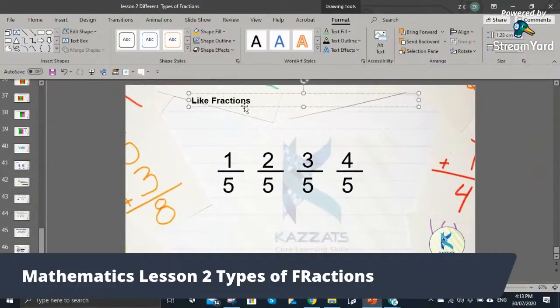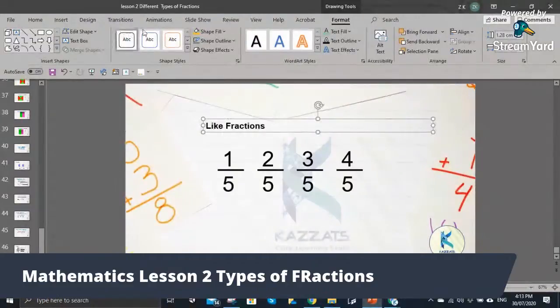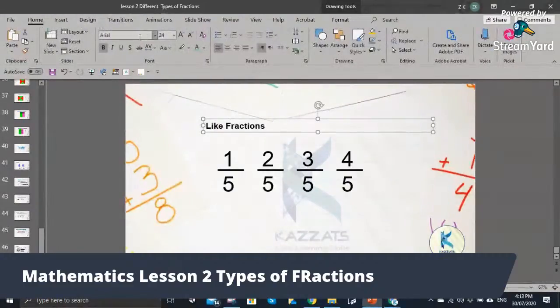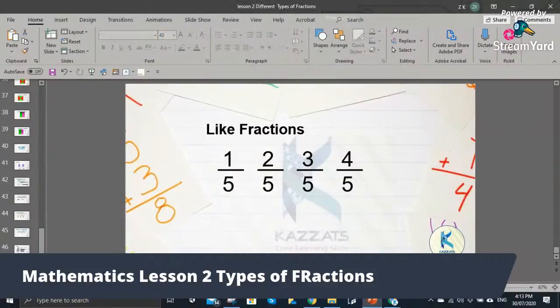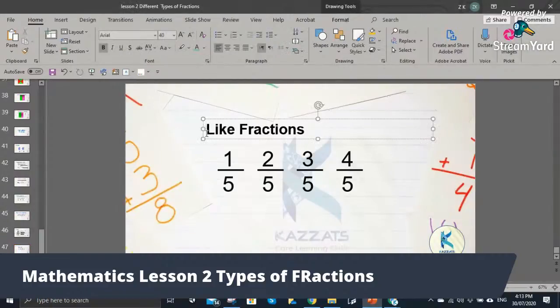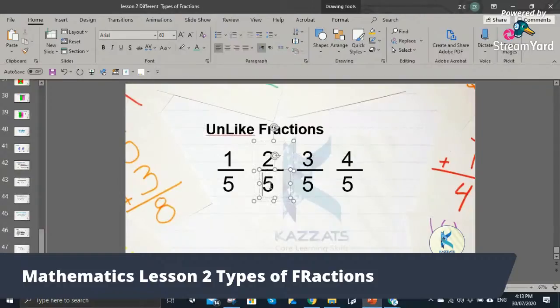Now let's come to the next. These are your like fractions. This is another type. When we are talking about types, we have another type known as unlike fractions. Like if I have the same numerators, 1, 2, 3, 4, but different denominators.